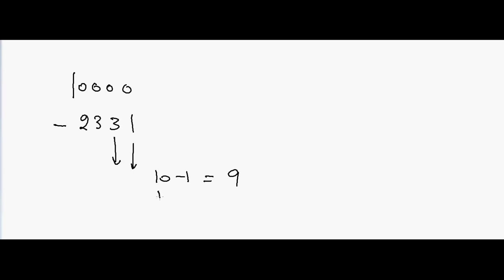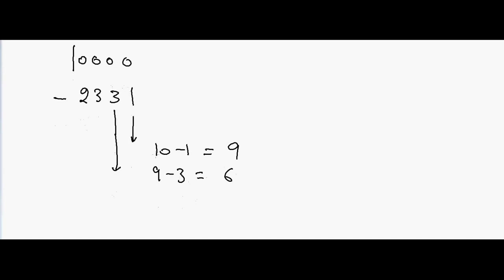So same thing can be done for larger numbers. So suppose if I have 1, 2, 3 and 4 and want to subtract 2, 3, 3, 1 from it. So in that case what I'll do is first I take the 1. So 10 minus 1 is equal to 9, and I take the 3. So 9 minus 3 is equal to 6.